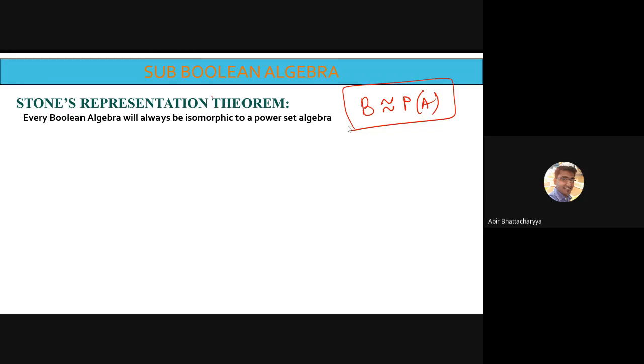Now we know very well that the number of elements of the power set of A is represented by 2 power n.